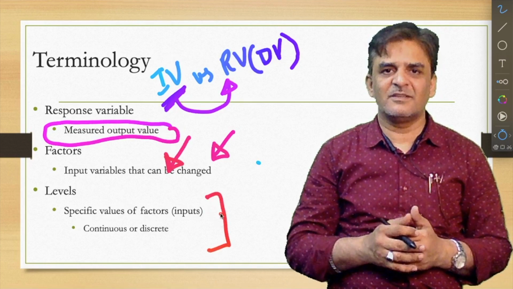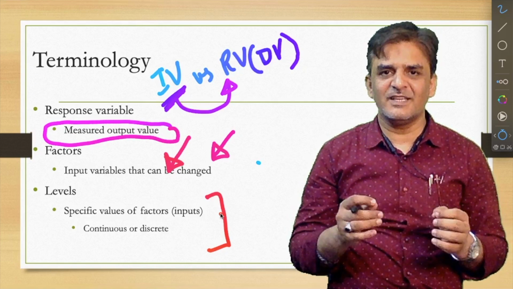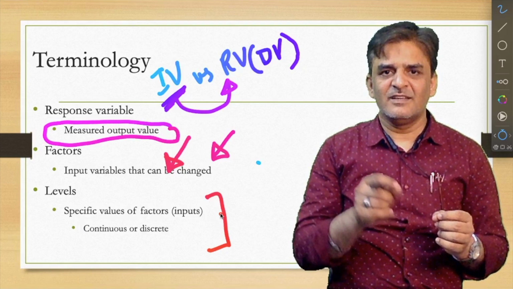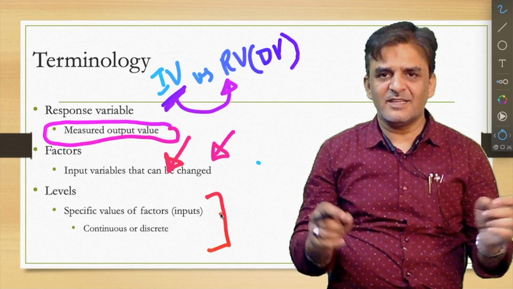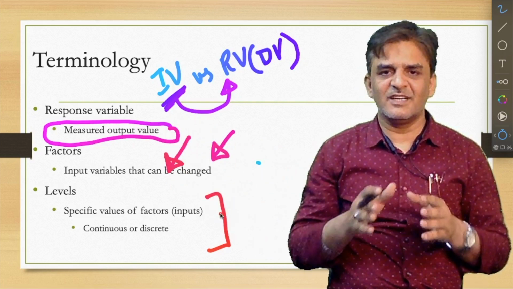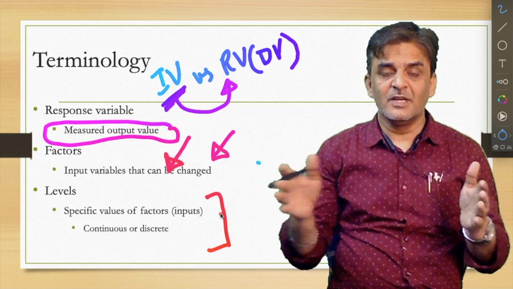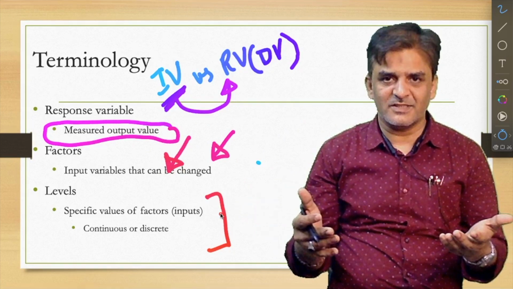And nowadays the corona effect is very common. So we can say that if we are testing the killing of the virus at 20 degrees centigrade, 30, 40, 50, 60 degrees centigrade, these are levels of the temperature at which we may perform the test.